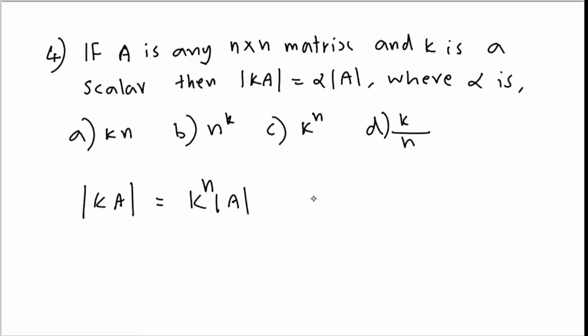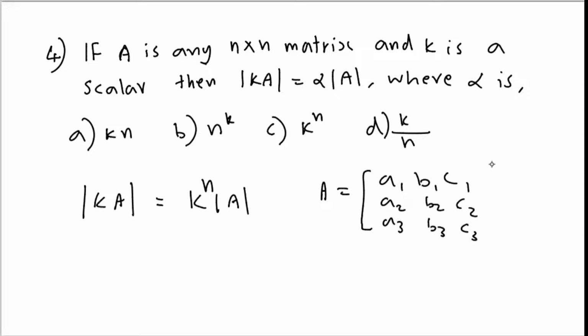There's a property. Let me explain like this. Let's say A equals A1, B1, C1, A2, B2, C2, and A3, B3, C3.